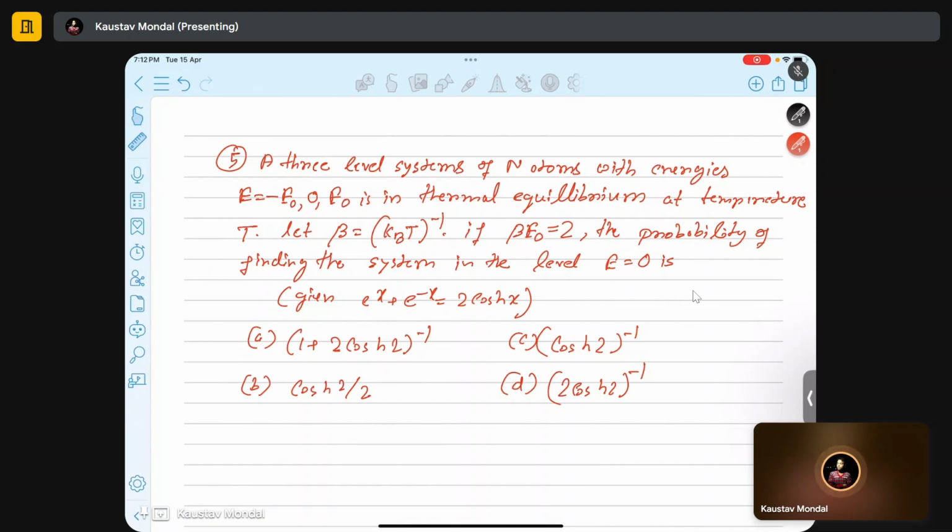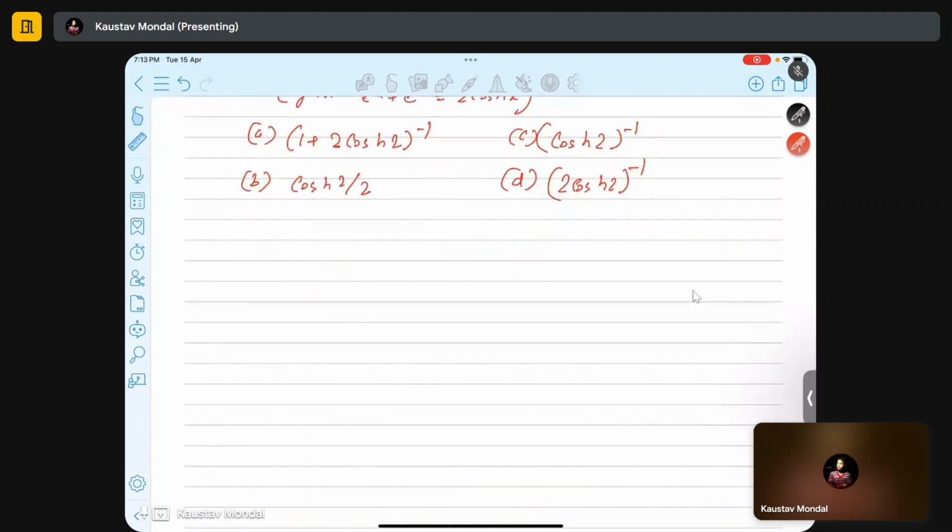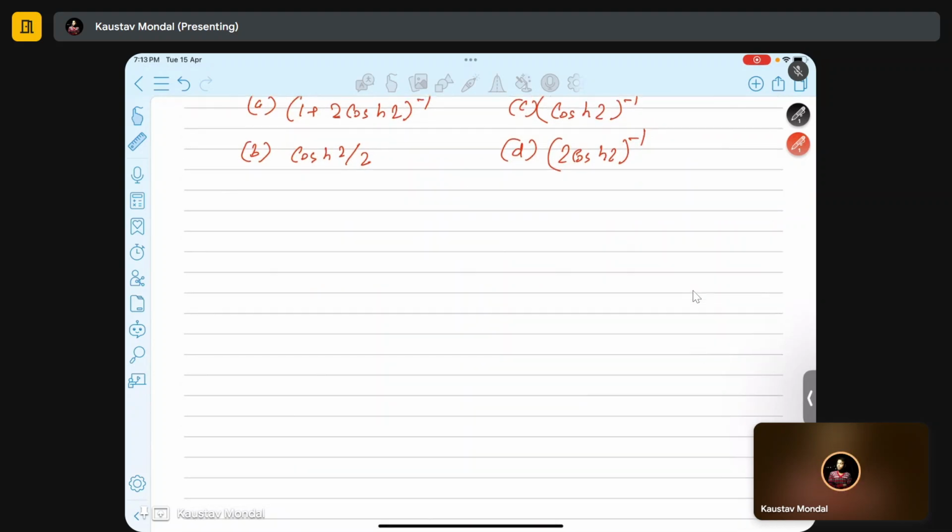So there are three levels of energy in the system, right? So let me just draw it for simplification. So energies are at E0, 0, minus E0. These are the three energy levels. Now here the system is in thermal equilibrium at a temperature T. Now if beta E0 is 2, we will use this fact later.